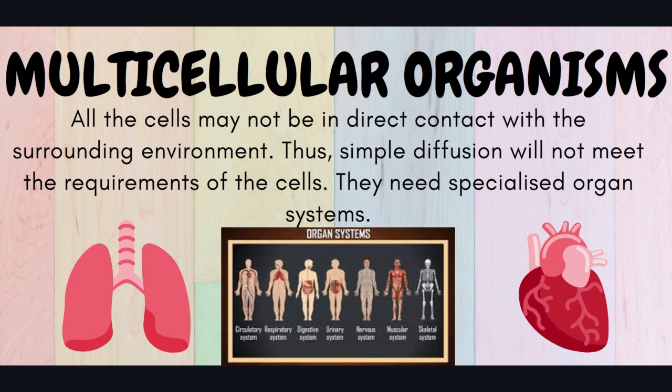If we take the example of us human beings, our skin is in contact with the environment, but the cells of our internal organs are not in direct contact with the environment. They need some sort of pathways, some sort of organs for their proper functioning. So they need specialized organ systems. Simple diffusion will not meet their requirements.